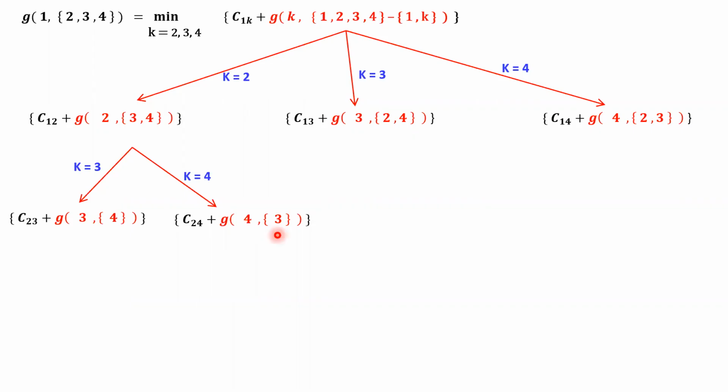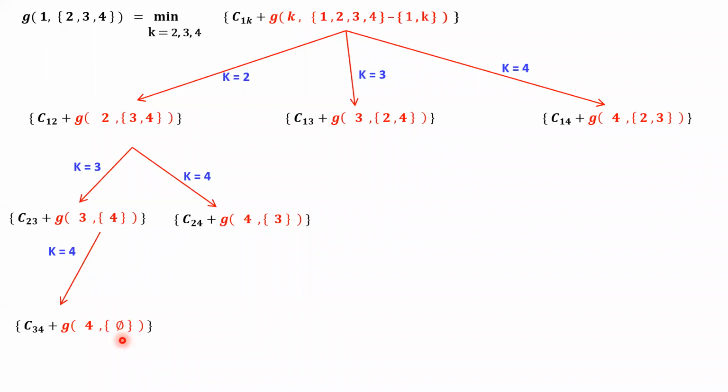You have to recursively go on building the recursion tree. Finally, it will come here, something like this, where there will be some starting city, 4 maybe, and the remaining cities to be visited are null.